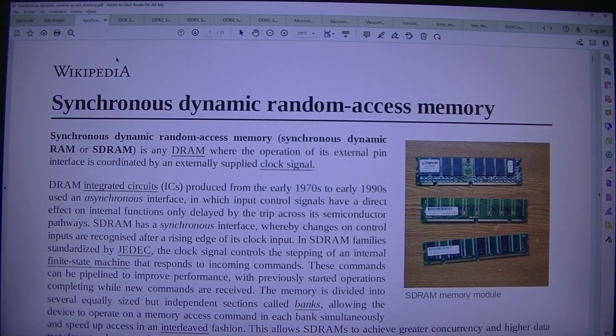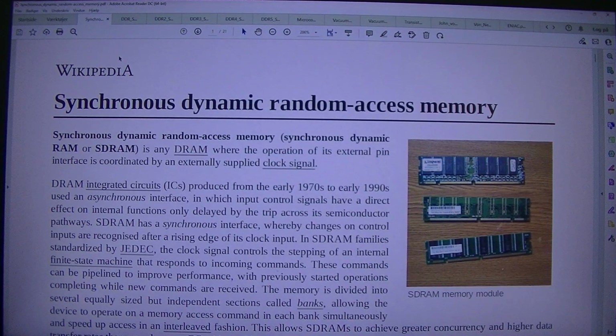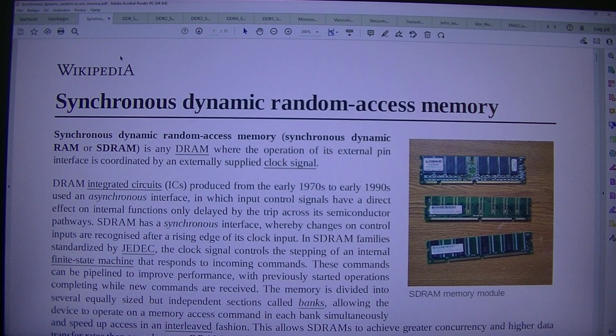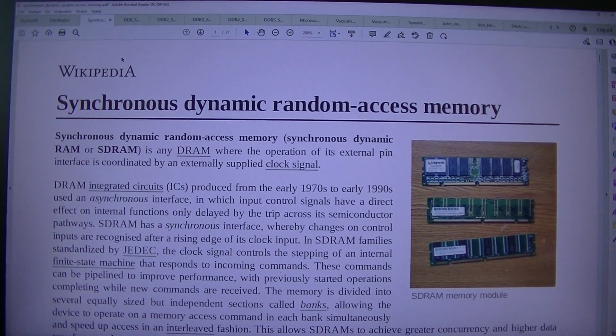Of course I can read the English, but I think you need some kind of higher level education into engineering or computer science to understand this. Yes, let's try to read it.